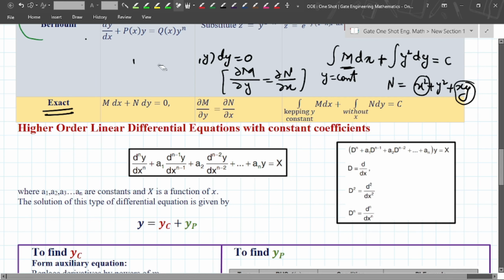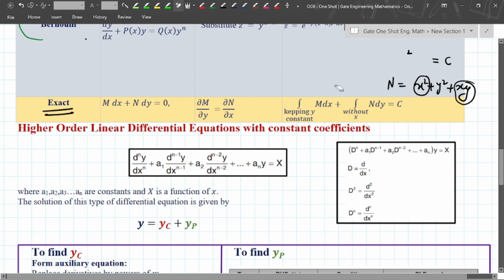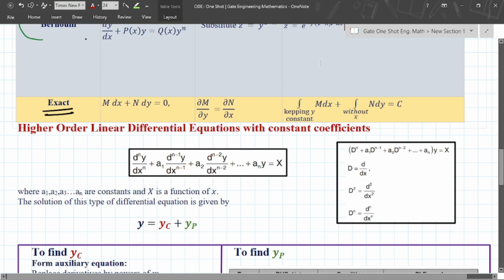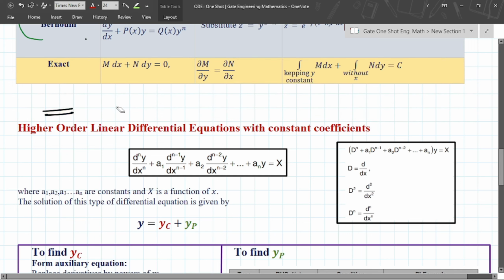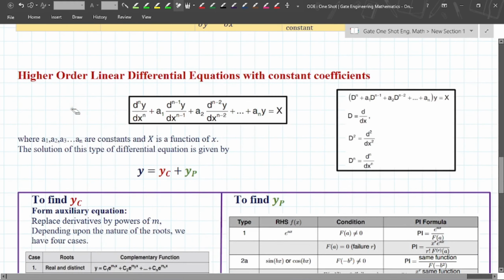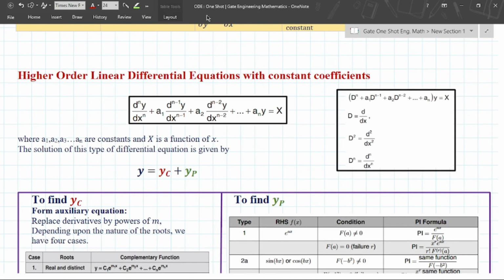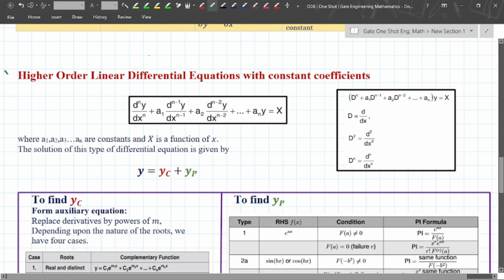Now let's move to the higher order kind of differential equation. These all are first order differential equations, and the methods to solve first order differential equations are there. Now we'll have higher order differential equations in which we'll have constant coefficients and variable coefficients. Later we'll discuss that. First, higher order means it may be second order, third order, fourth order with constant coefficients.